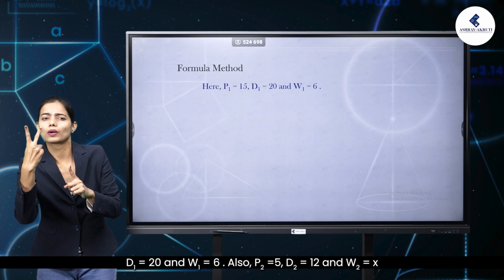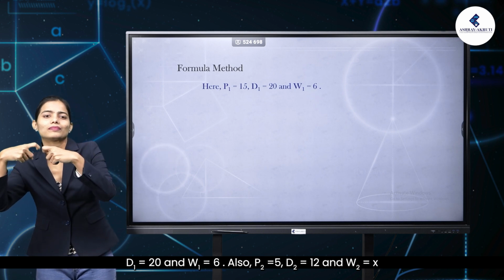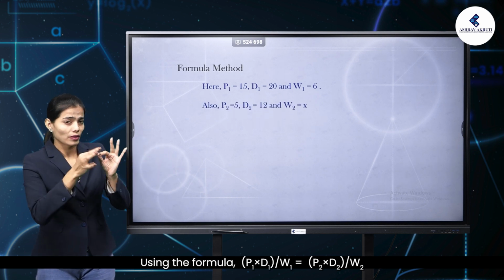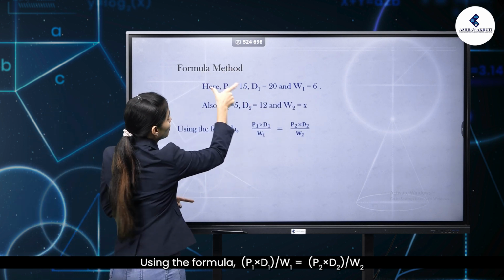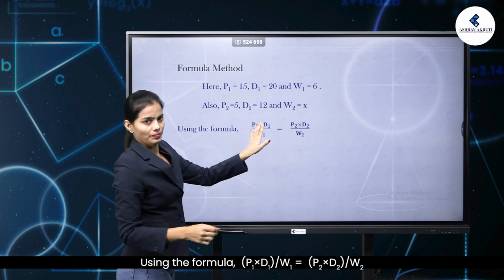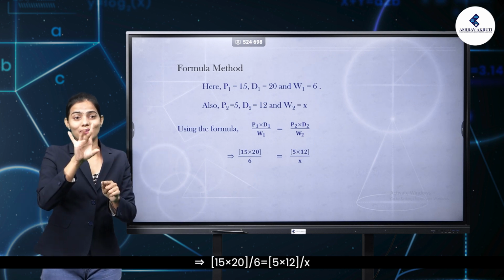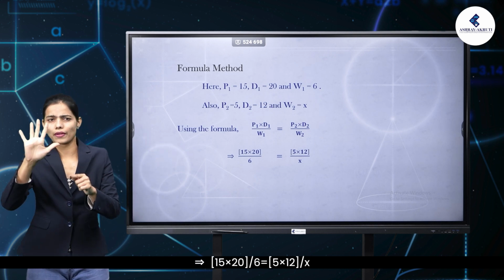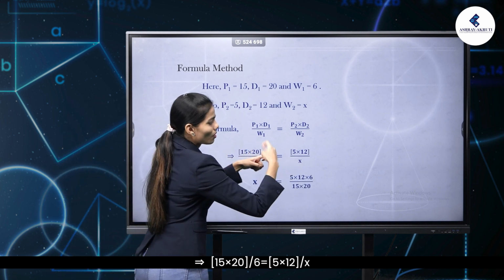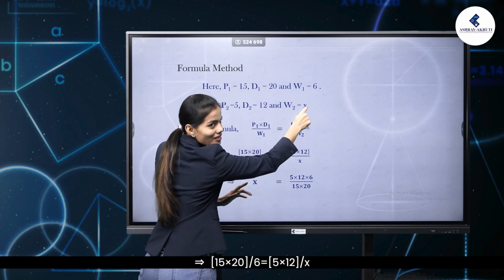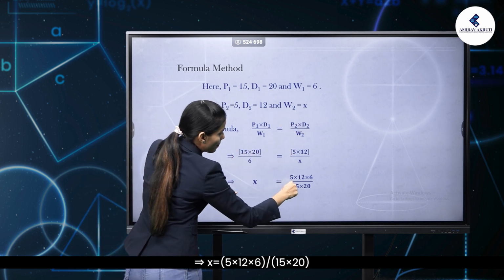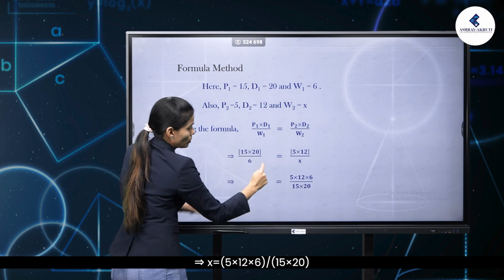Also, P2 is equal to 5, D2 is equal to 12 and W2 is equal to X. Using the formula, P1 into D1 by W1 is equal to P2 into D2 by W2, 15 into 20 by 6 is equal to 5 into 12 by X. So x is equal to 5 into 12 into 6 by 15 into 20.